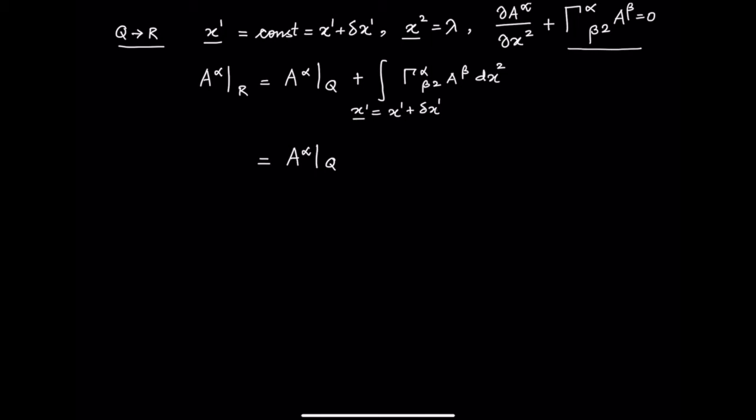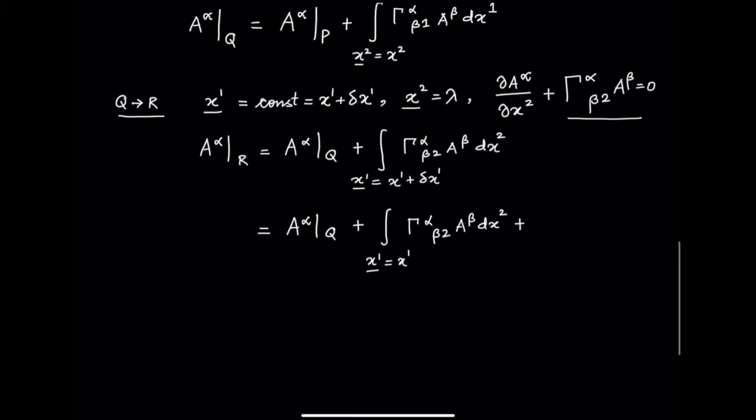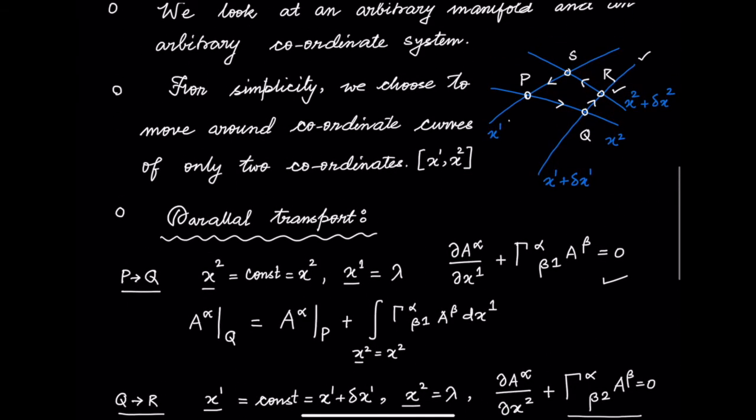But I can write this as x1 fixed to x1 itself, not x1 plus delta x1, and the little change that happens between the curve x1 equals x1 and x1 equals x1 plus delta x1.